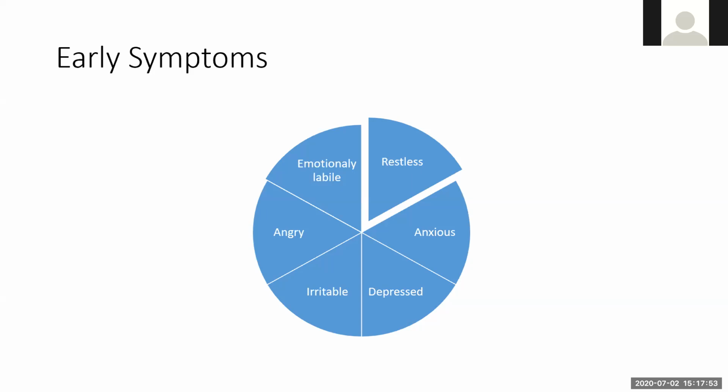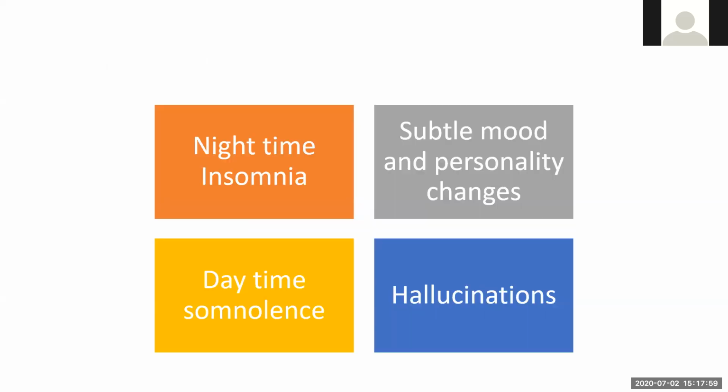These are all the symptoms that we usually see in patients with delirium. Very indicative of these, I would say, is sleeplessness at night, with patients being more awake during the day. There are mood and personality changes. There could be hallucinations. So these are all more indicative of delirium, I would say.